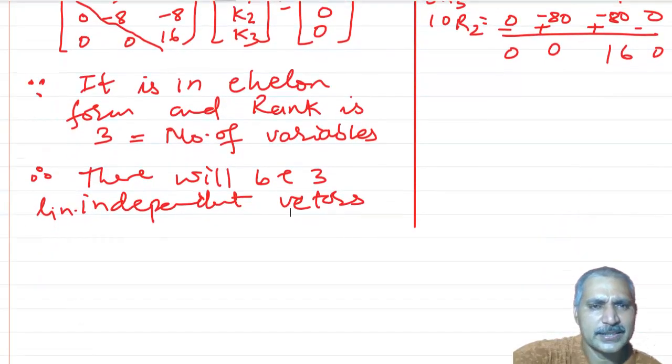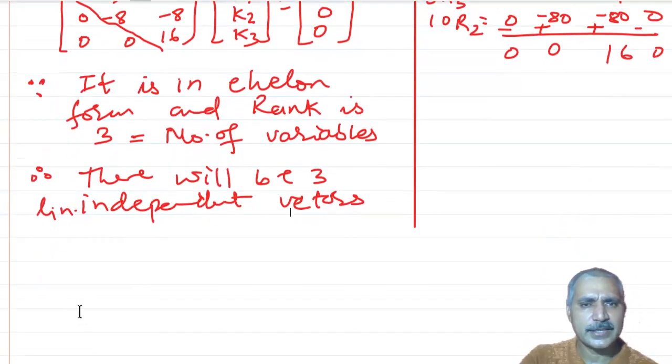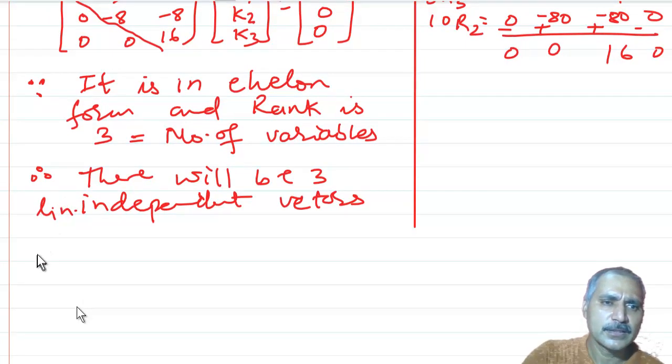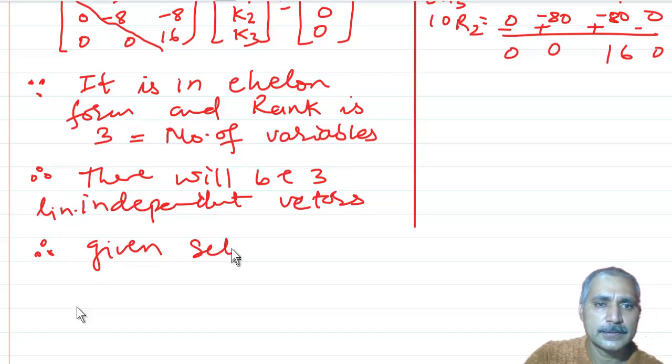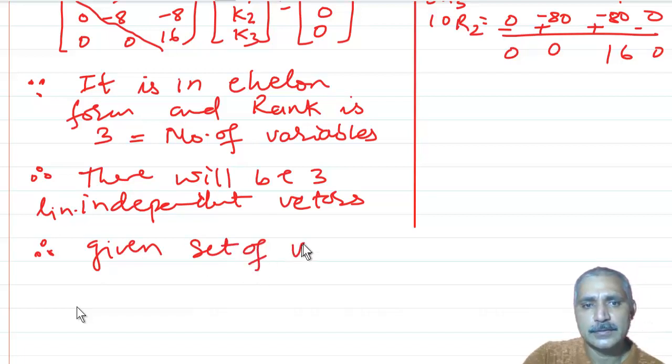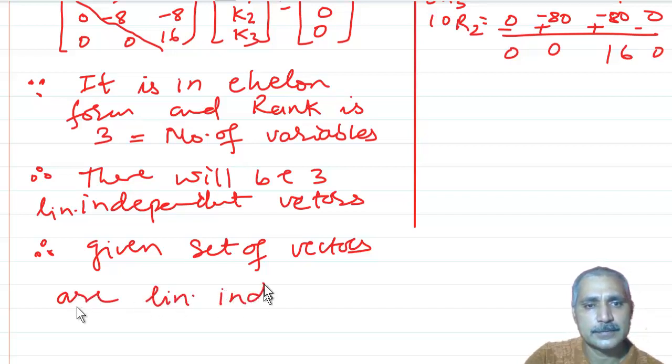So we had 3 vectors and we are getting 3 linearly independent vectors. Therefore, the given set of vectors are linearly independent.